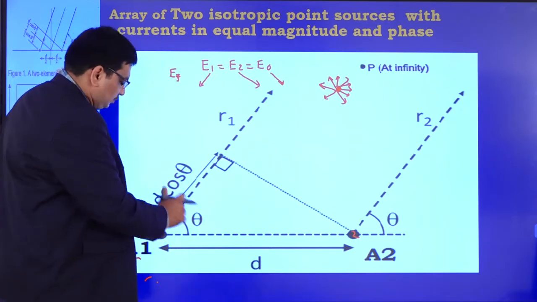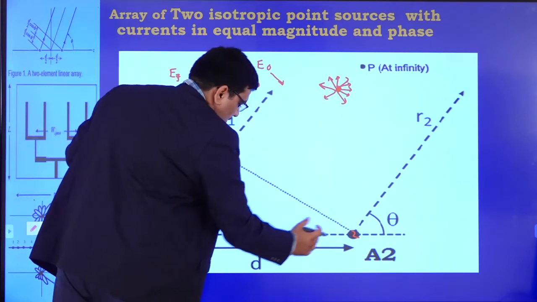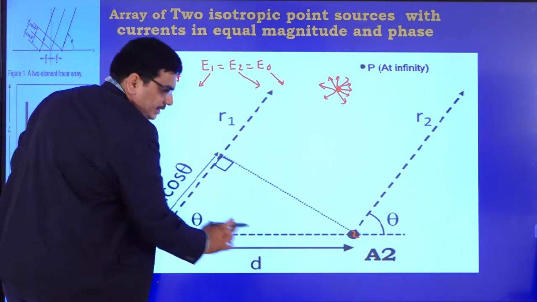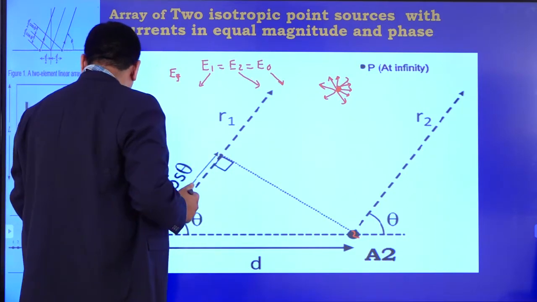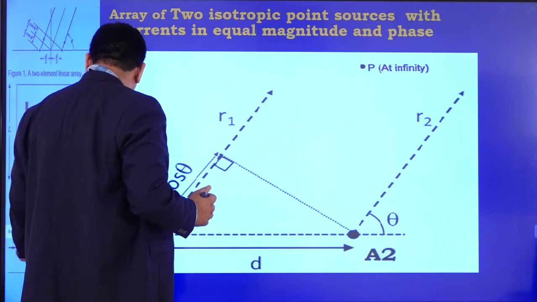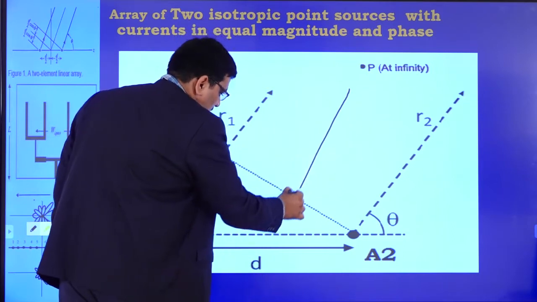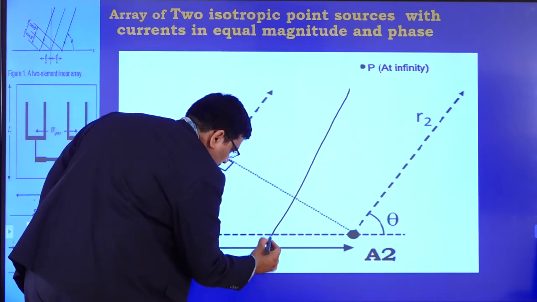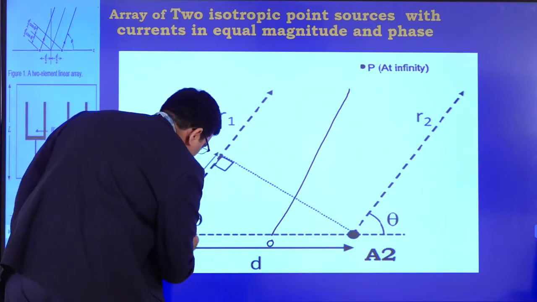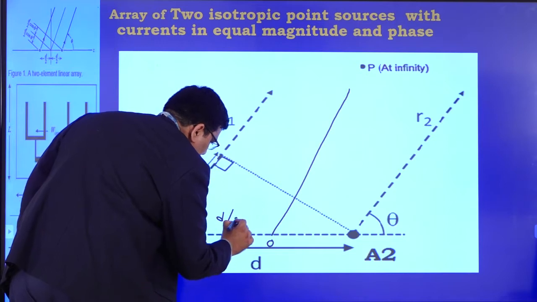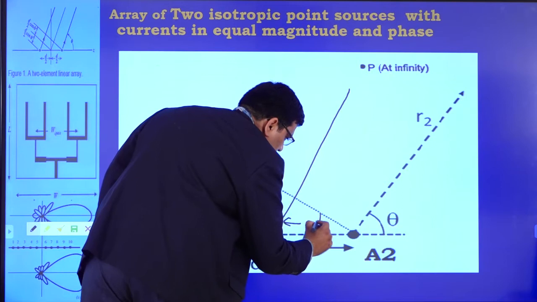In this diagram you see there are two elements, element 1 and element 2, separated by a distance d. Taking the center as a point O, the distance from A1 to O is d by 2 and from O to A2 is d by 2.